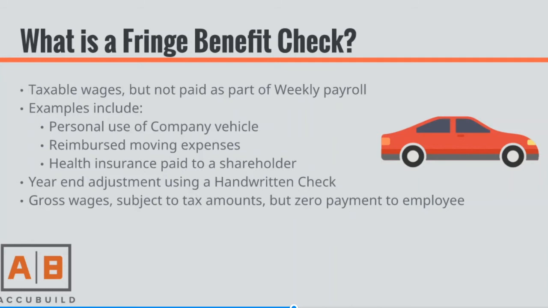Some examples are shown on the screen, with the most common one being personal use of a company vehicle. These types of benefits are paid using a handwritten check and are considered an adjustment to the employee's total wages. Using this method allows the changes to gross wages and taxes, but does not create a payment to the employee.